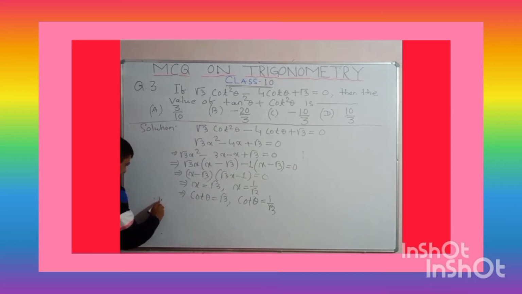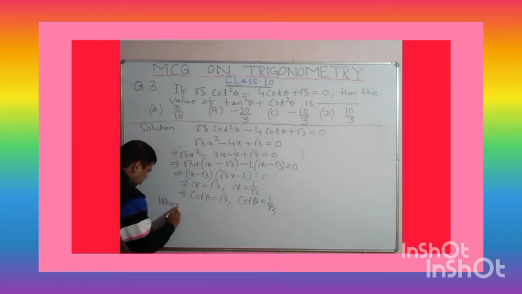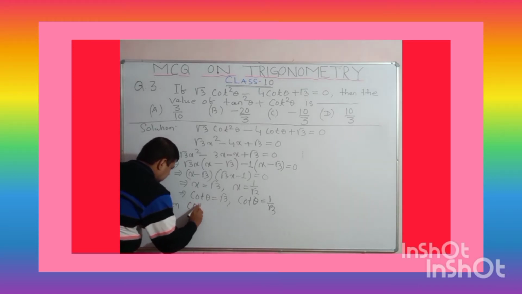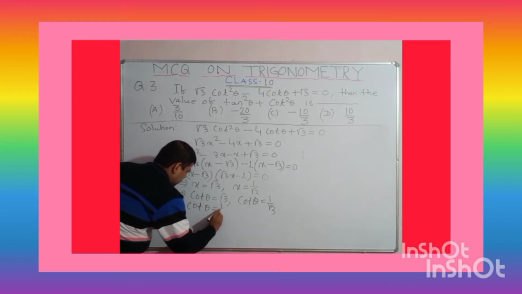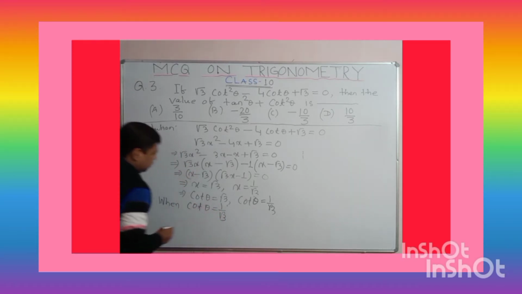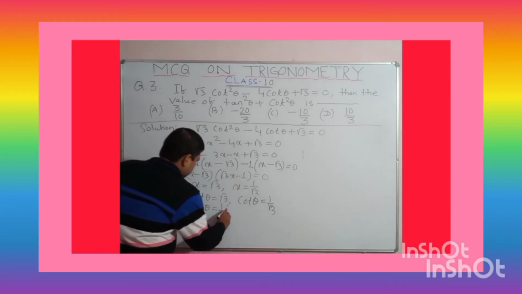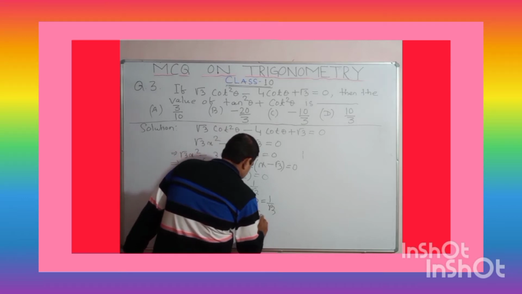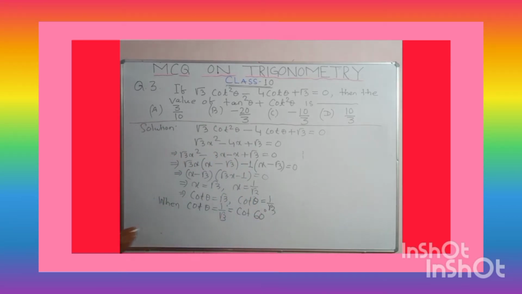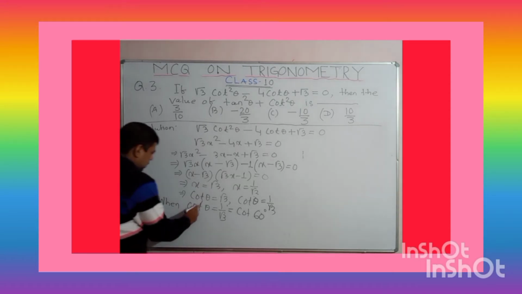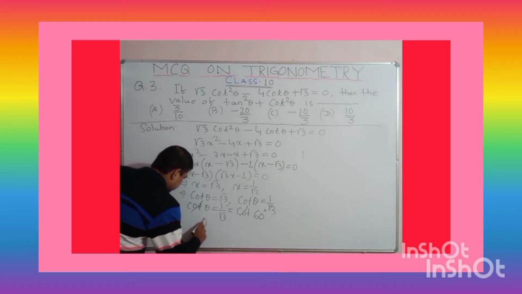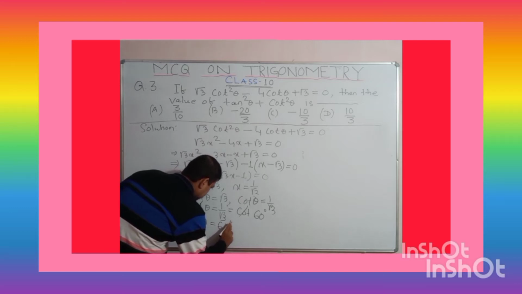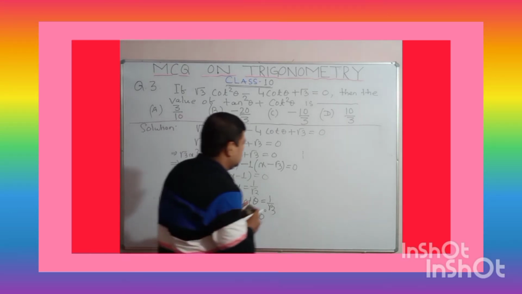Similarly, when cot theta is equal to 1 upon root 3, and we know 1 upon root 3 is what? Cot 60 degree. 60 degree you know. Yes or no? Cot 60 degree is 1 upon root 3. So we can cancel cot, and theta will be 60 degree.